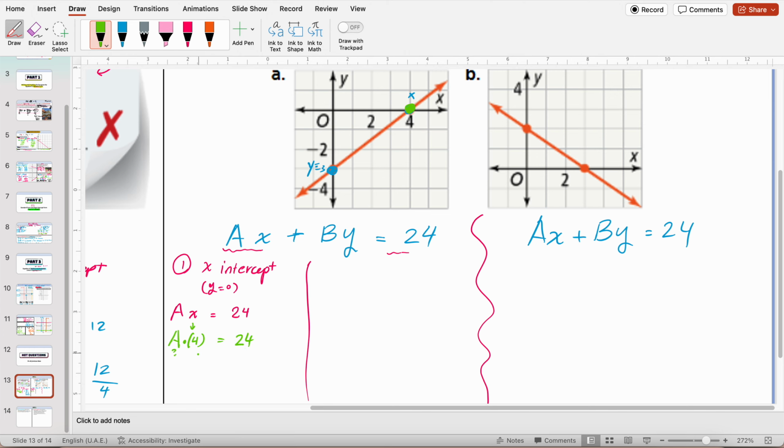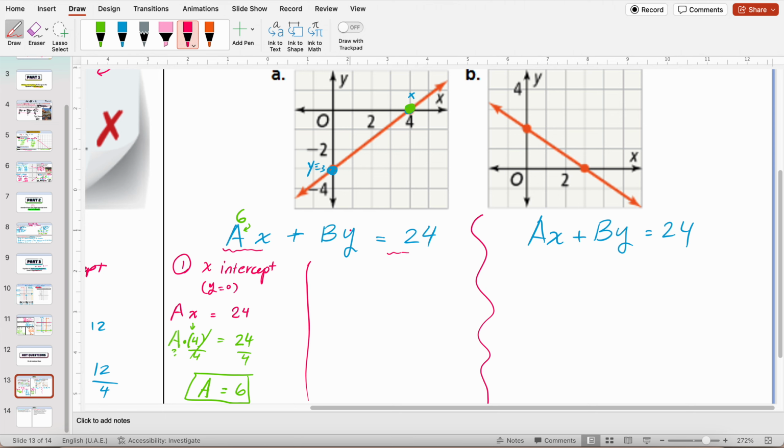You can either think about it or divide by 4 both sides. And a should be 6. So I found a. Again, how can I double check? Because 6 times 4 will give you 24, and to find the x-intercept, y should be 0. That's it.